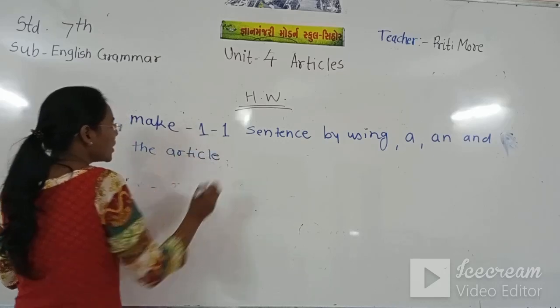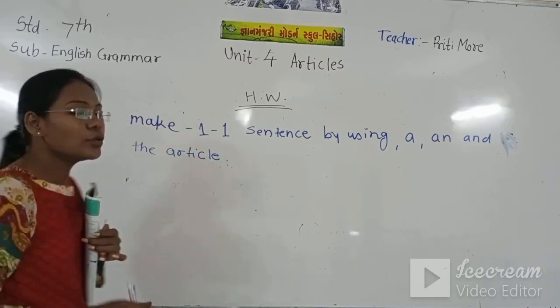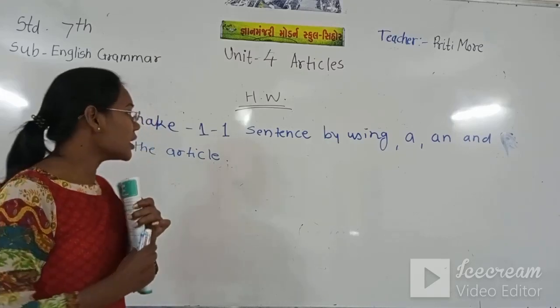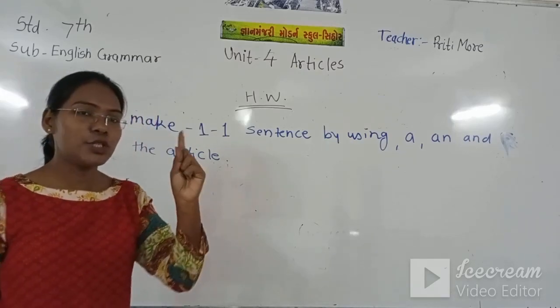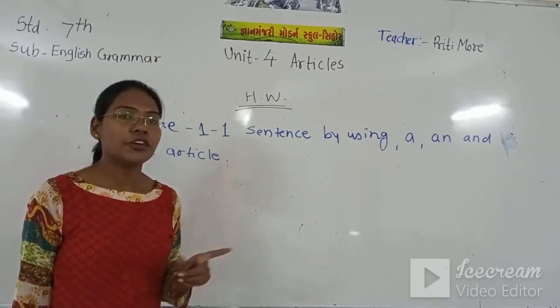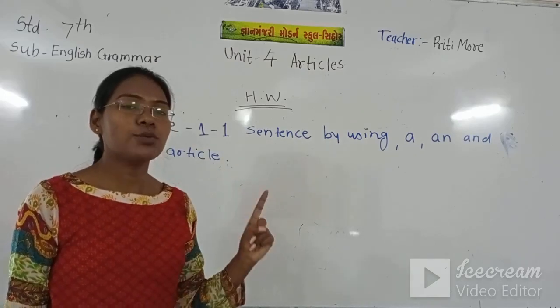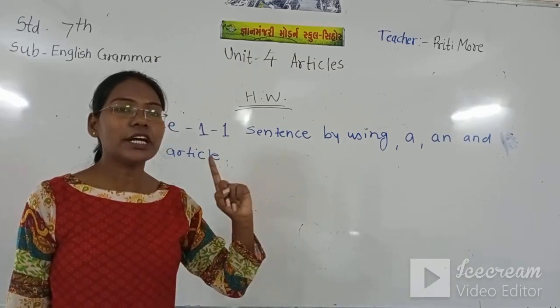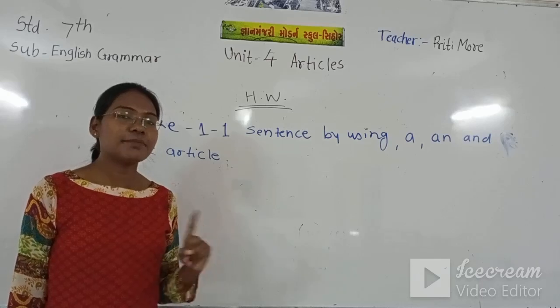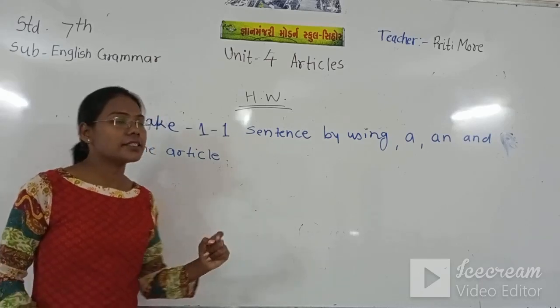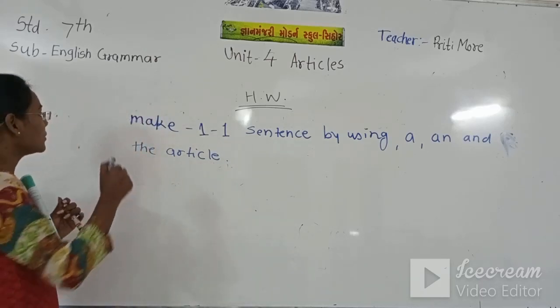Now what do you have to do? You have to make one sentence by using the article a. You have to make one sentence by using the article an. You have to make one sentence by using the article the. This is your homework.